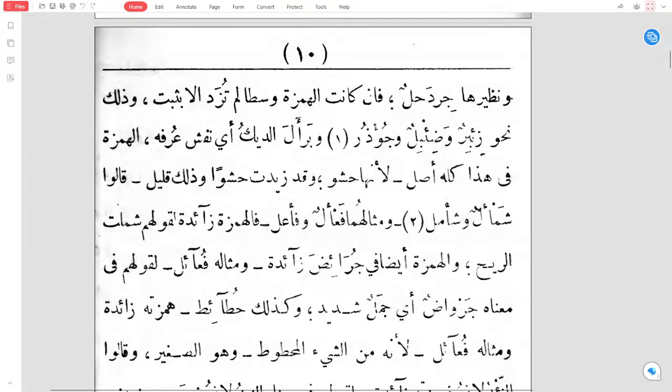So whenever the hamza comes in the middle of the word, not at the beginning, it will not be classed as an extra letter. It will always be part of the word except if you have a proof.